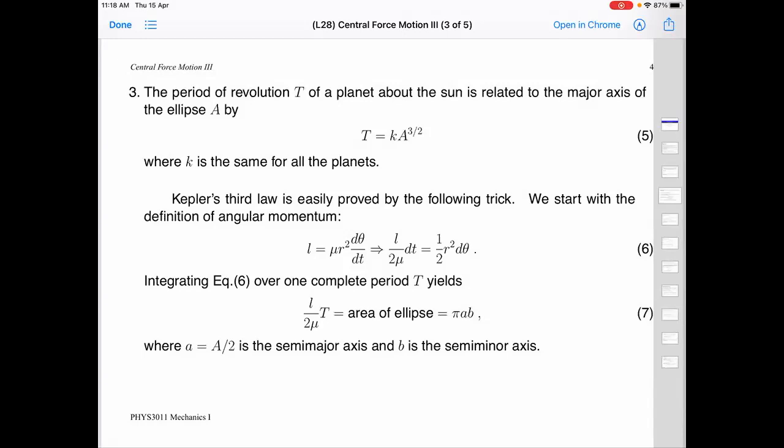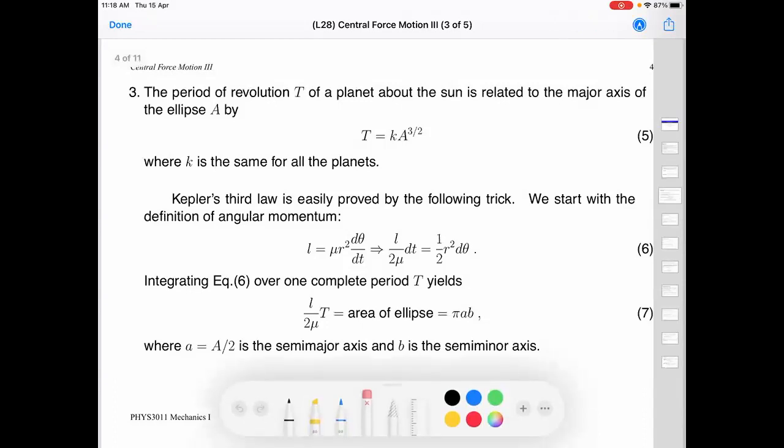So we start from the angular momentum first. All right. That is in equation 6. We try to integrate equation 6 to form a simple integration. So integrate from 0 to 1 period.